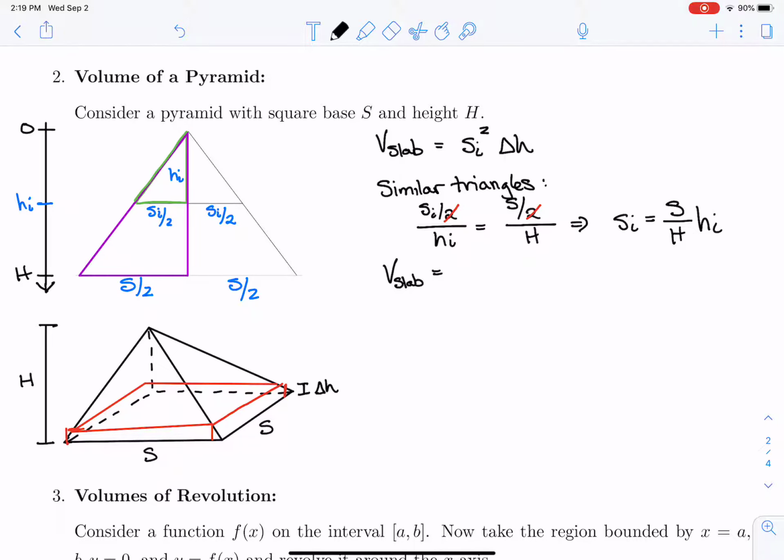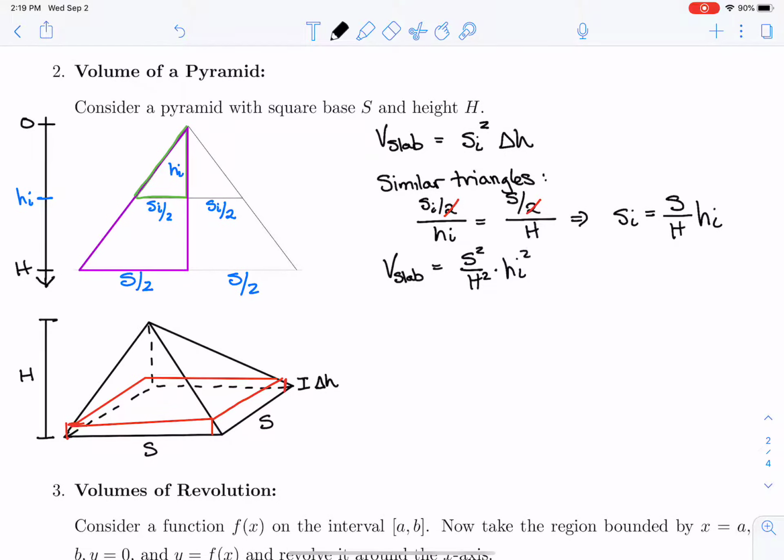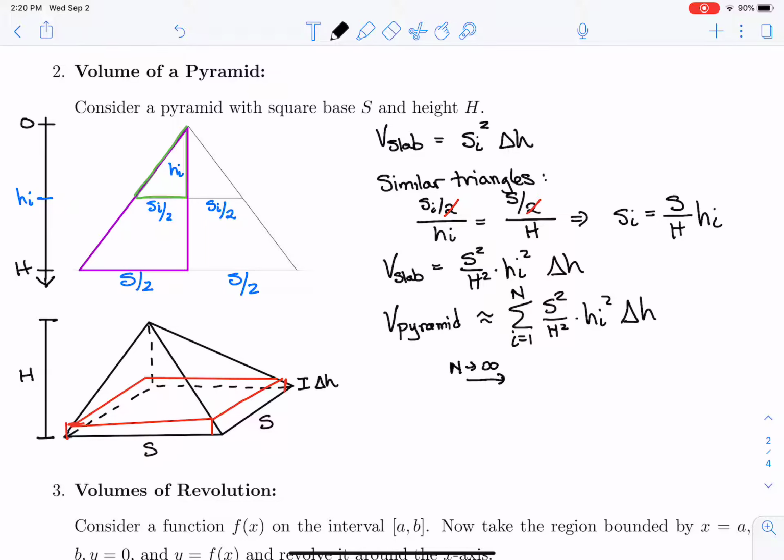So the volume of the slab is going to be capital S squared over H squared times H sub I squared, so that's squaring the sides so that we get the area of the square base, times delta H. And so the volume of the pyramid is going to be approximately the sum from I equals 1 to n of S squared over H squared times H sub I squared delta H. And now, if we let n go to infinity, then that actually equals an integral.